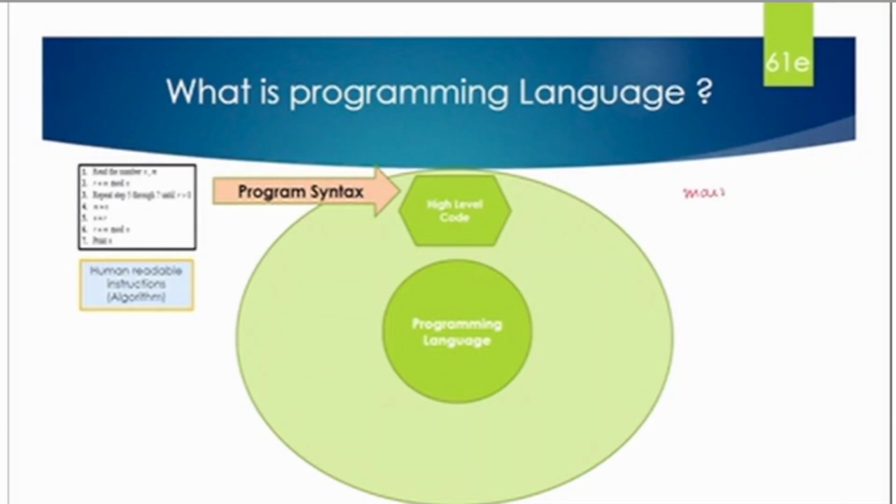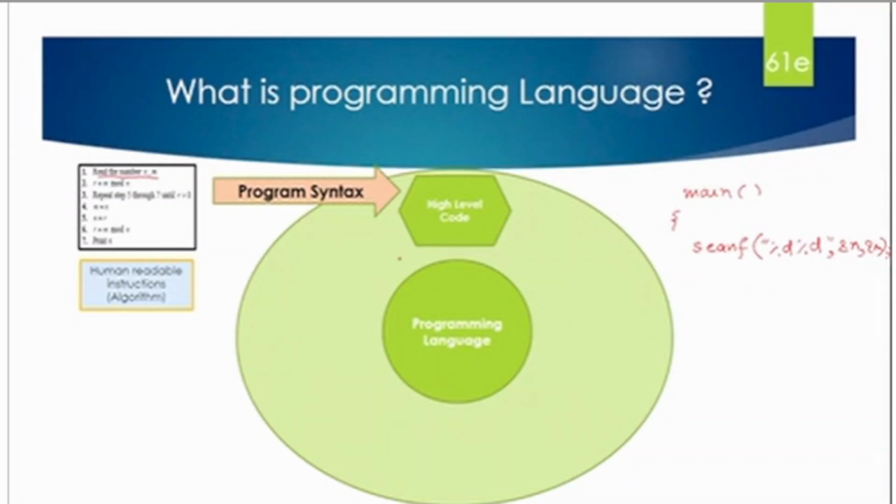The high level program will have something like this. There will be one main function, and then inside that, first line, read the numbers n and m. For reading a number from the user, C uses a particular function which is known as the scanf function, and this is the kind of syntax we will use. We will explain all of these syntaxes one by one in later modules, but first let us understand what the high level code is.